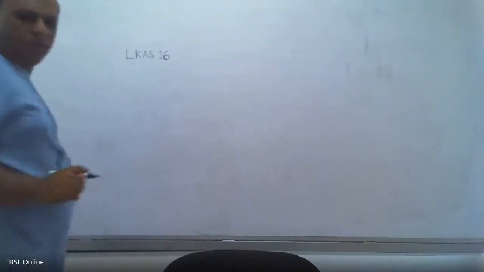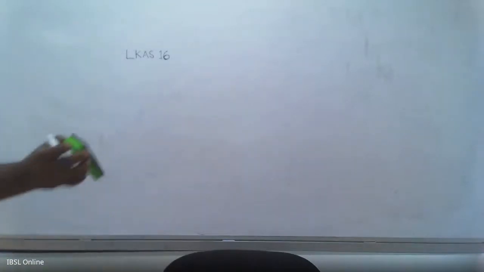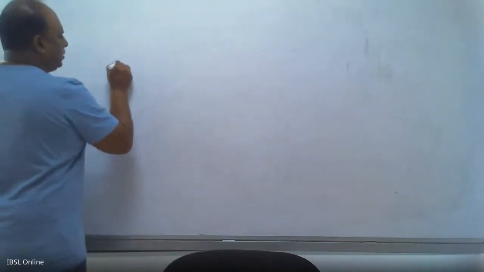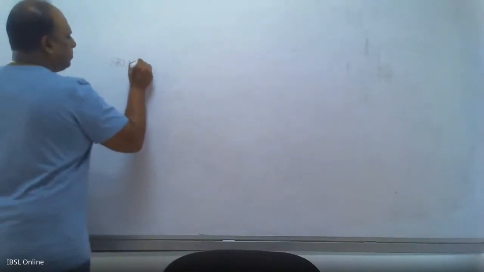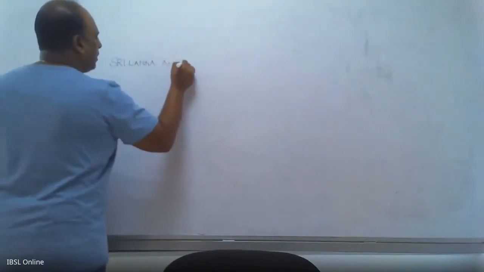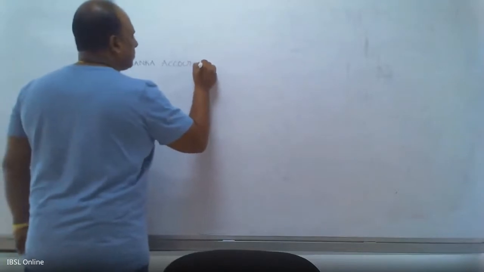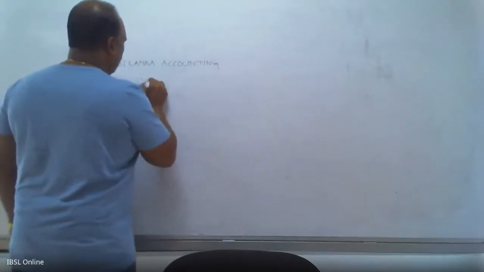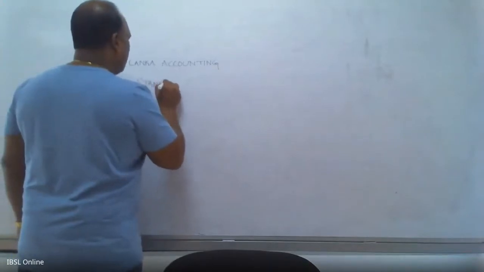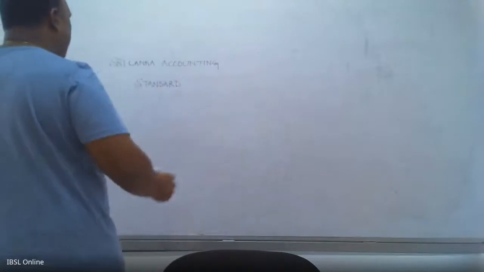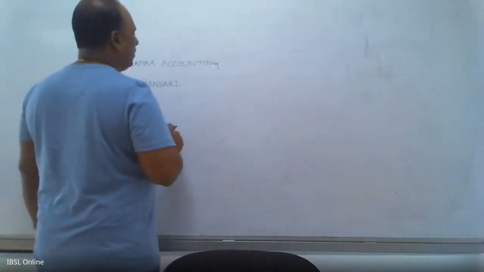When you are asked to write it, you will have to say Sri Lanka Accounting Standard. You can write it continuously; I am just writing it on the board depending on the visibility to you all.